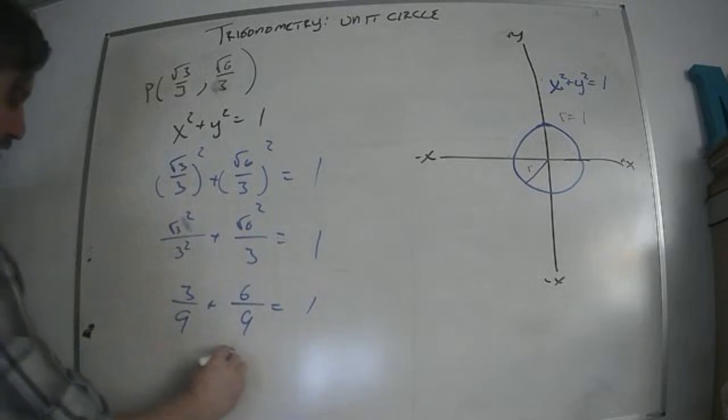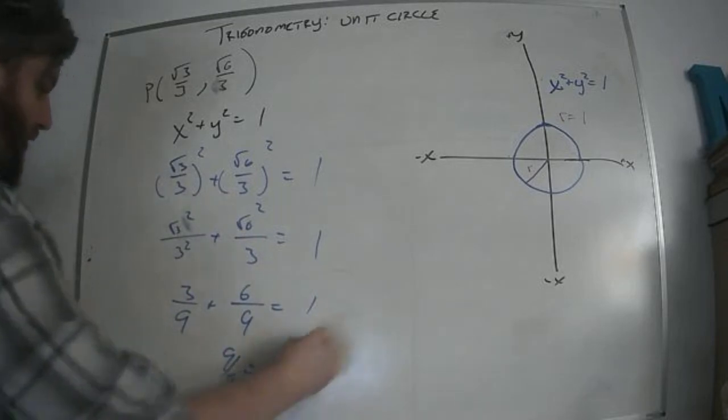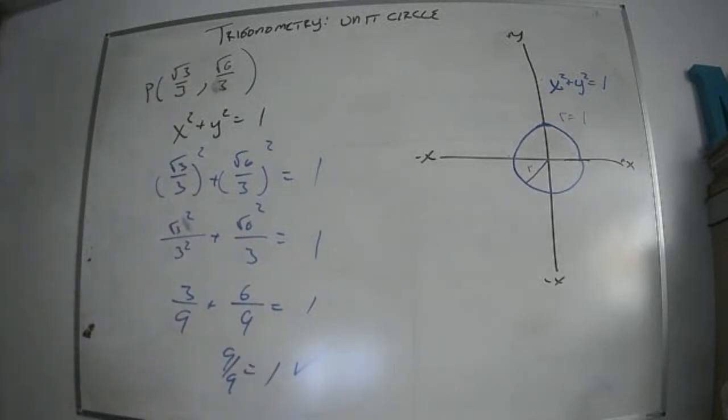That equals 9 over 9, which equals 1. So we're good. So I know that this point, x equals the square root of 3 divided by 3, y equals the square root of 6 divided by 3, is on the unit circle.